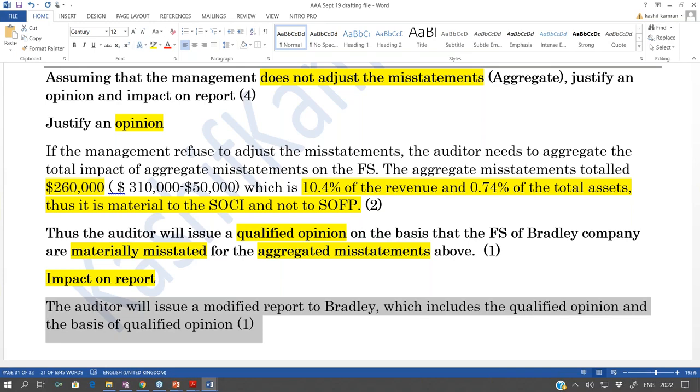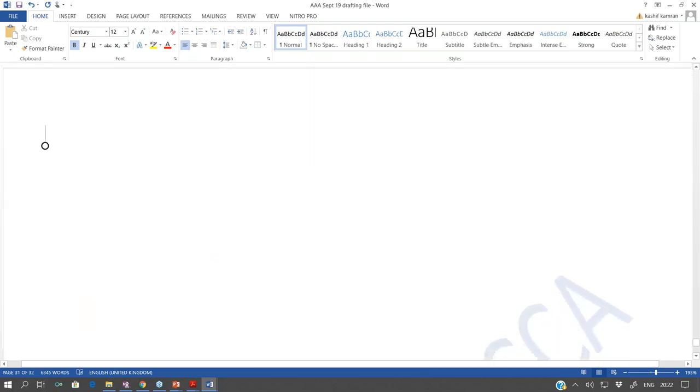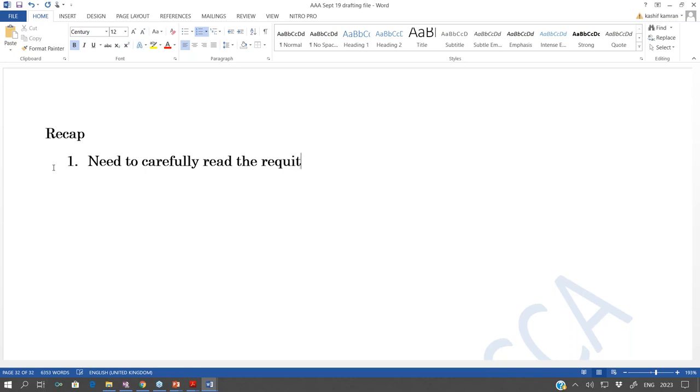I just want to do one recap of what I've discussed in the last 30 minutes, particularly about the drafting style. First, is there a need to carefully read the requirements? Have you all understood that? Need to carefully read the requirements to pick how many things are to be done. Is that true?